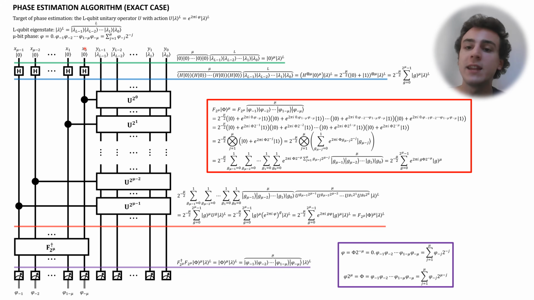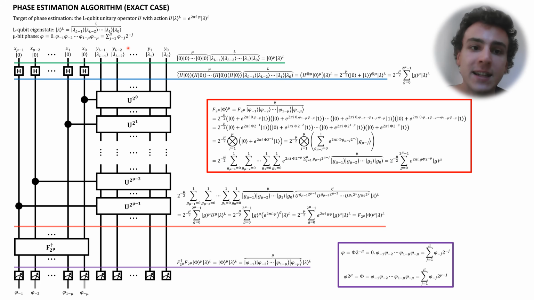And because we're dealing with the exact case, phi can be exactly expressed in terms of these mu bits. You can see these mu bits are occurring in a sum over here, and they can be used to express this as a binary fraction. And a convention that is used throughout these videos is that this subscript over here tells us what power of 2 we need to multiply by.